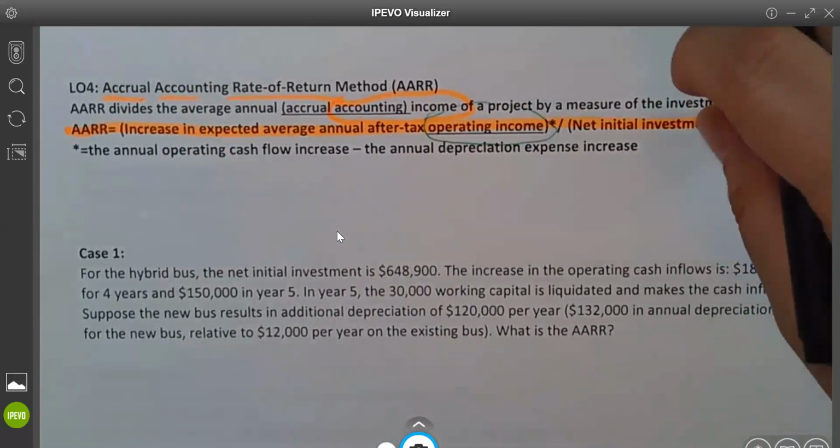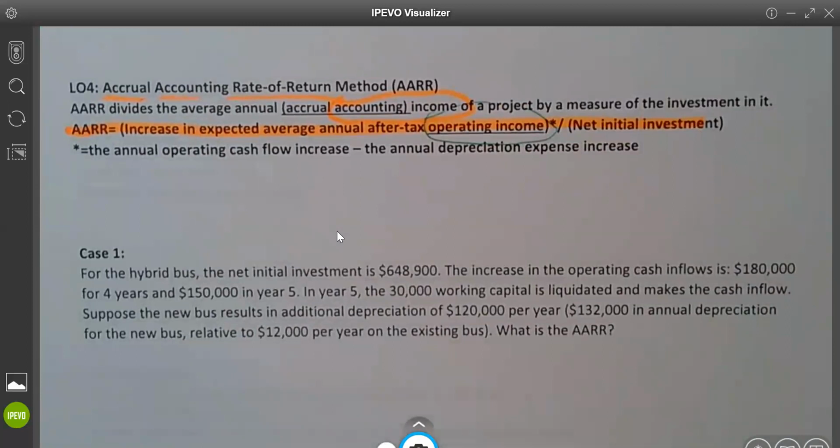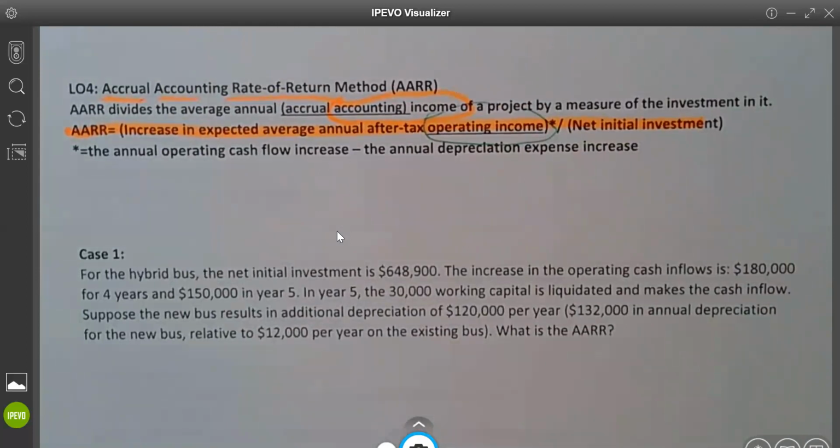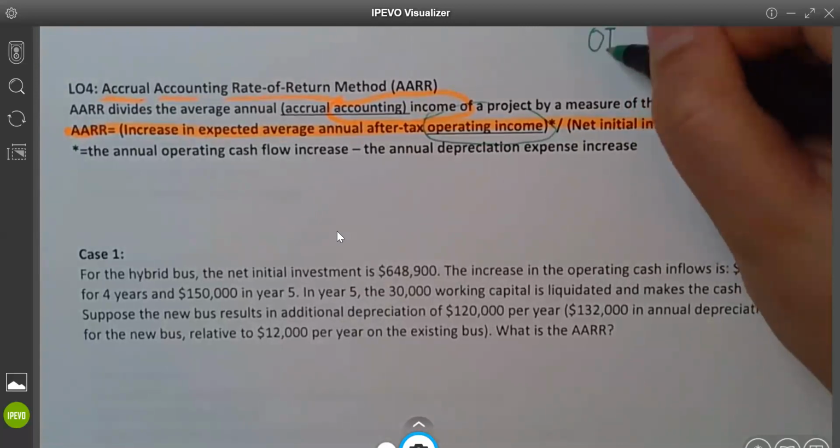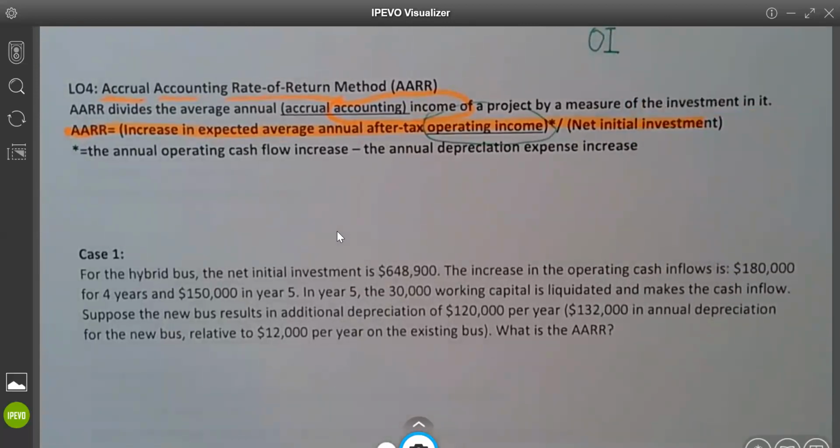When I learned financial accounting, I remember the last chapter is the cash flow statement, right? When you did the cash flow statement, you adjusted from your operating income. So how did you do the adjustment? How do you take care of depreciation expense? Depreciation expense will decrease your operating income, but it's a non-cash item.